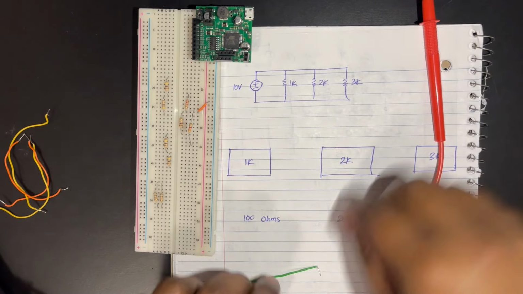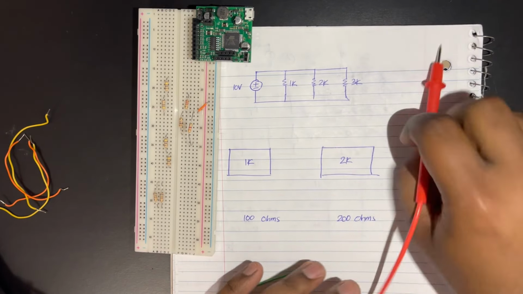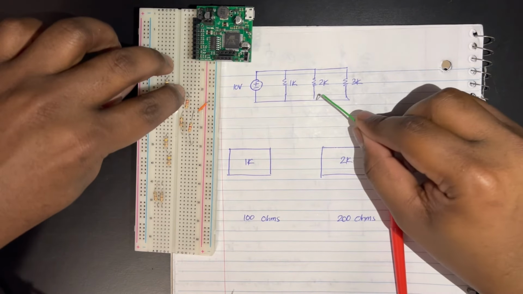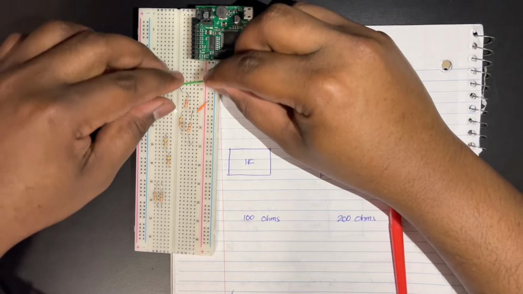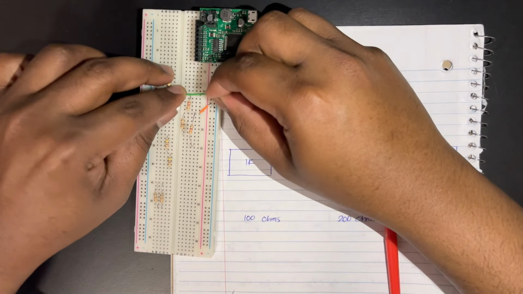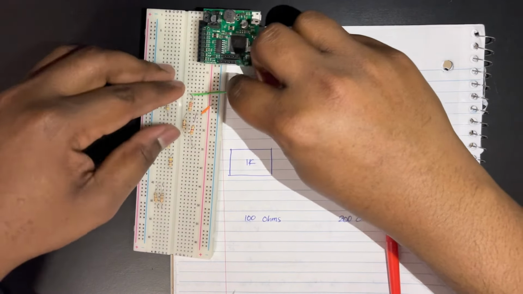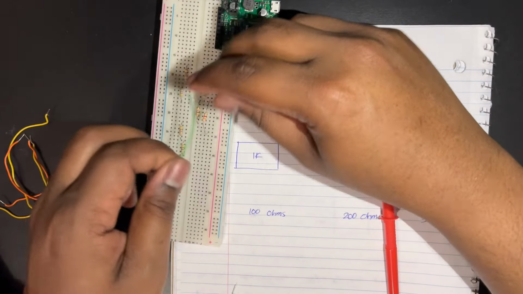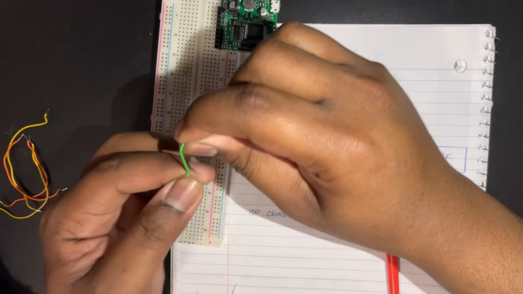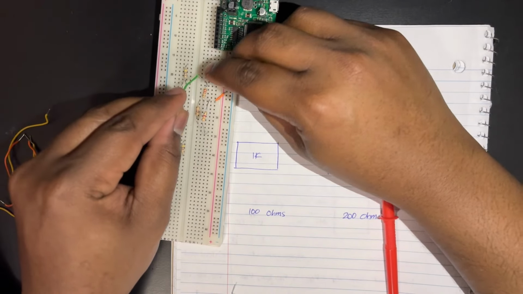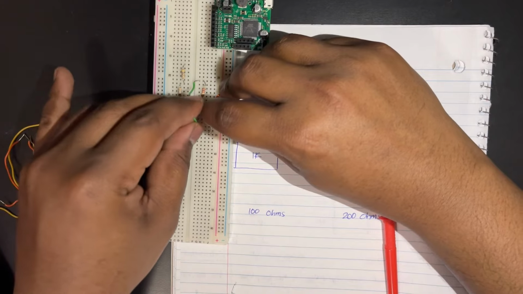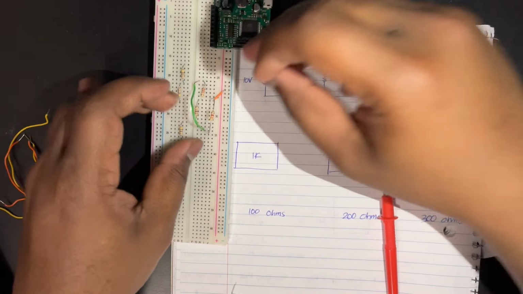Okay, so in order to connect these nodes, the 2 kilo ohm node is over here. I'm going to place one wire and connect it over here.